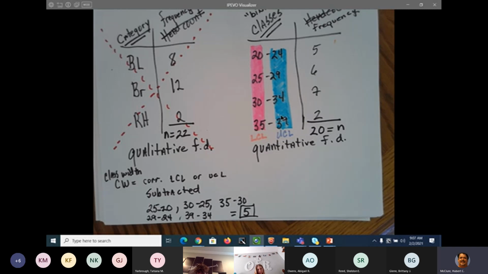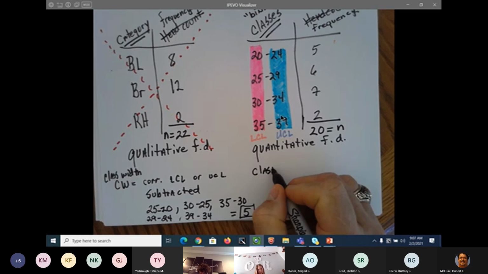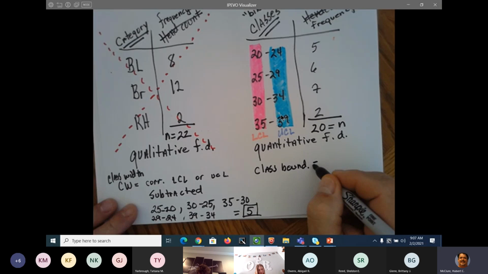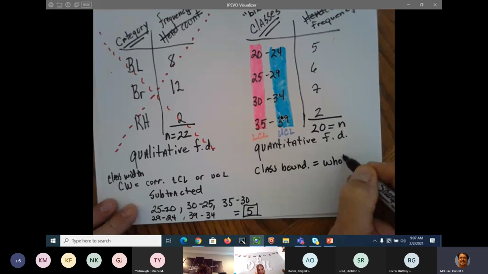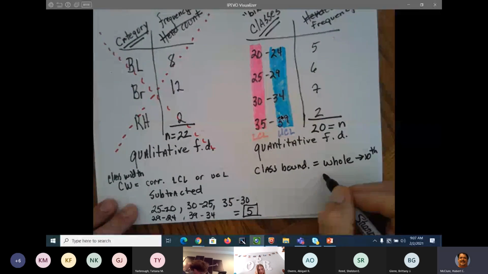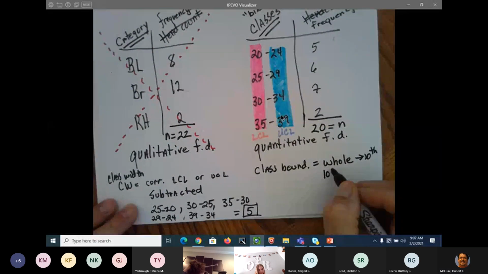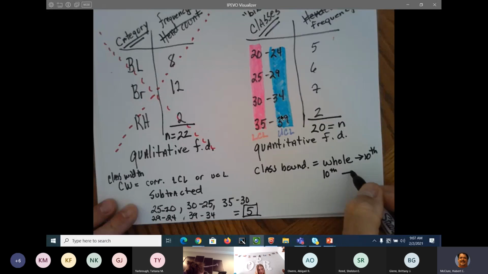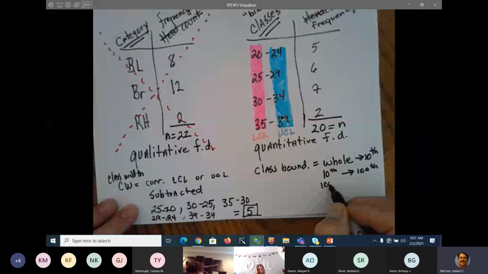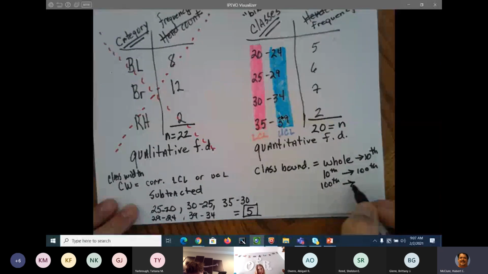Well, what is the class boundary? Class boundary. If I start with whole numbers, I'm going to go to the tenths. If I start with tenths, I'm going to go to the hundredths. If I start with hundredths, I'm going to go to the thousandths.